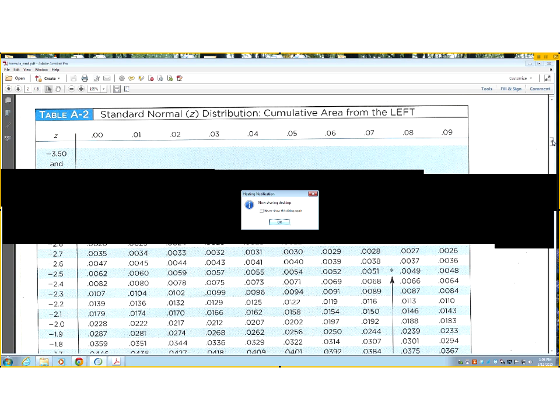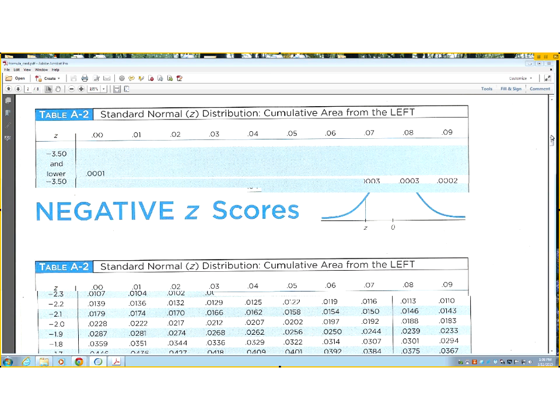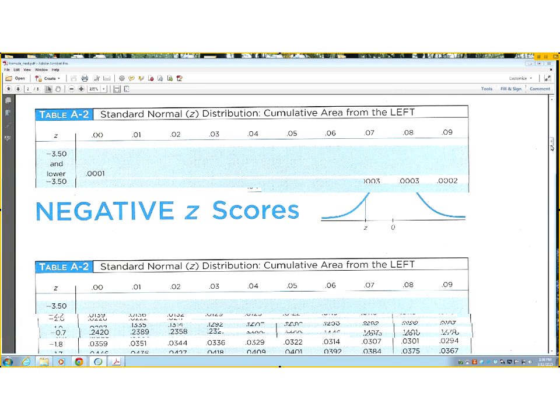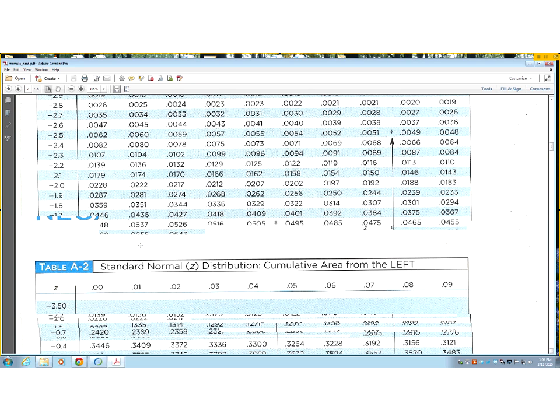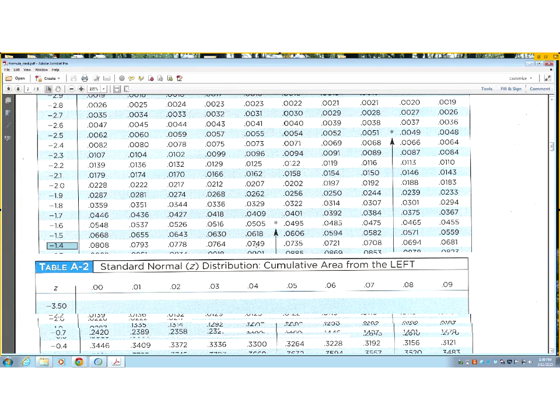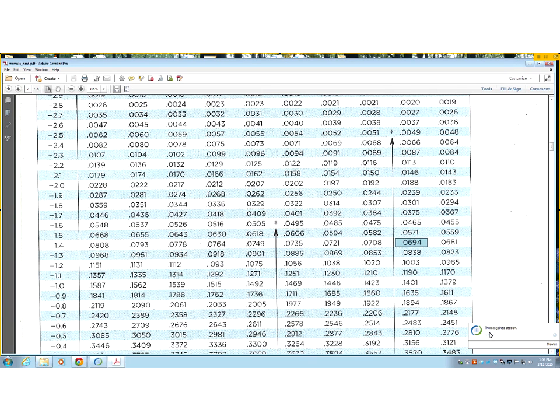Here's negative 1.40, and then 1, 2, 3, 4, 5, 6, 7, 8. Did you guys type this one out? Yes? Okay. So that is the area that we get when we look up negative 1.48.